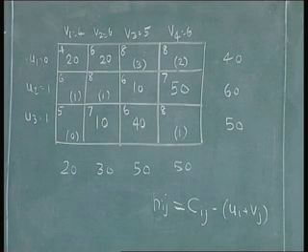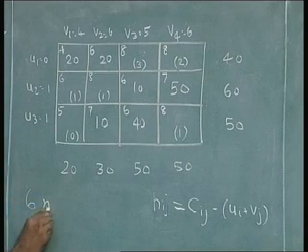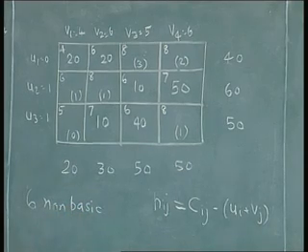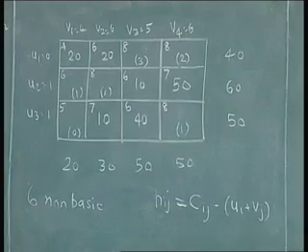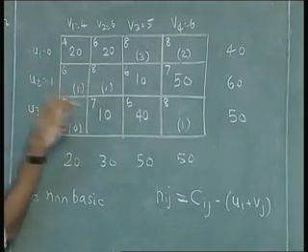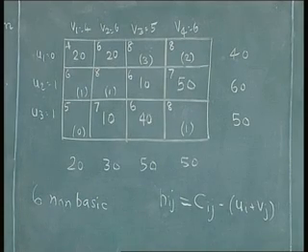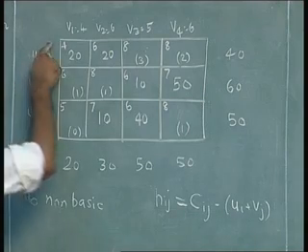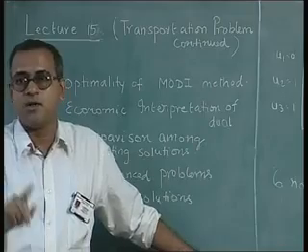Now, when we use the stepping stone, this problem has 6 non-basic positions, and in the stepping stone method we calculated the net gain or loss by putting in each one of these 6 positions. Now, each one involved computing a loop, whereas in the MODI we did not do that. We calculated ui's and vj's using some properties, and then having identified the entering variable, we then computed one loop.